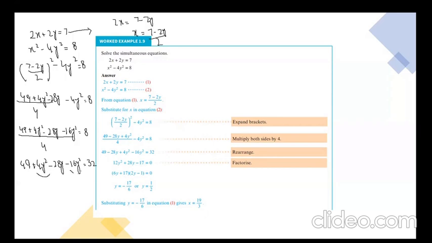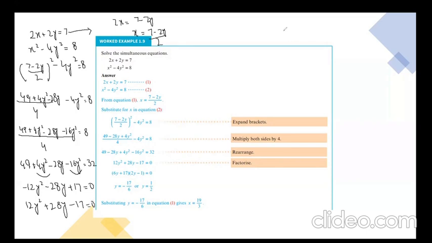So this must be minus 12y square minus 28y, and then 49 minus 32, this must be plus 17 equals to 0. Taking minus common, it must be 12y square plus 28y minus 17 equals to 0.